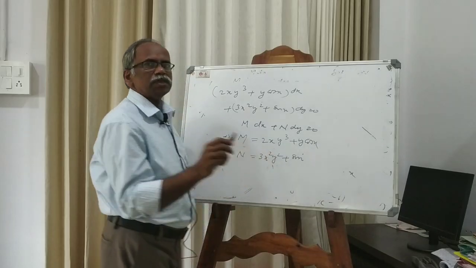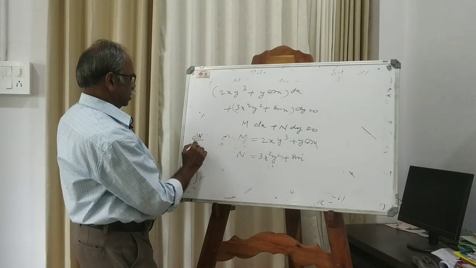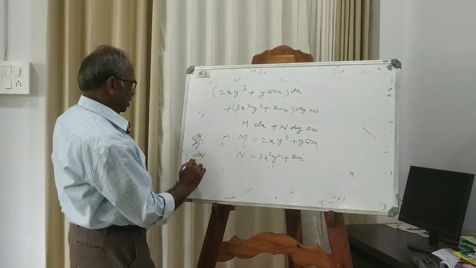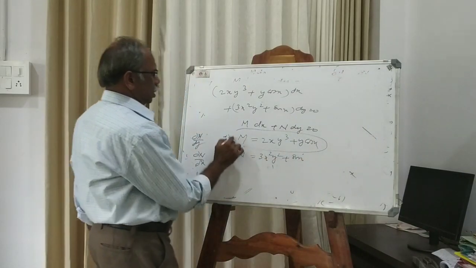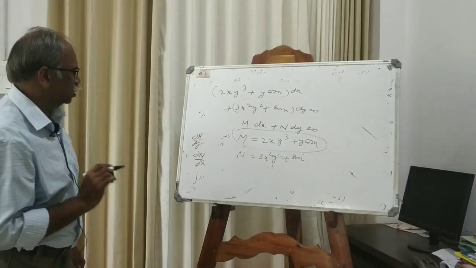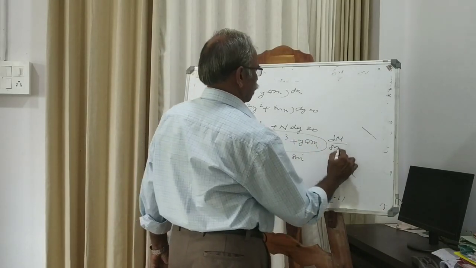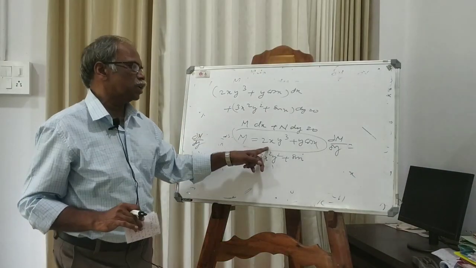In order to check whether this equation is exact, we have to differentiate M partially with respect to y, and we differentiate N partially with respect to x. The M term is 2xy^3 plus y cos x. We are differentiating this partially with respect to y. Partially with respect to y means we have to treat the x terms as a constant.